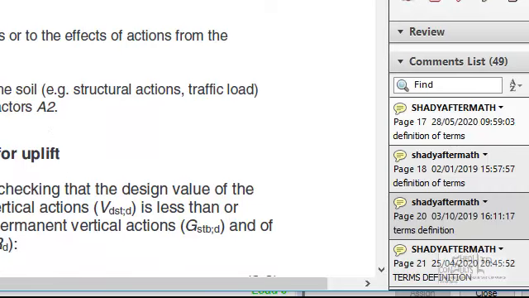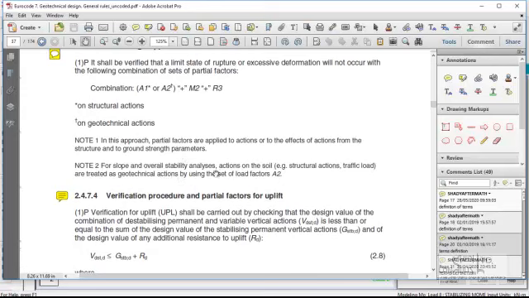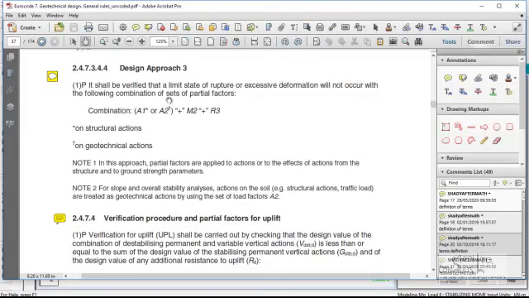Okay, if you look at this, we want to check stability against sliding. It shall be verified that a limit state of rupture or excessive deformation will not occur with the following combination of sets of partial factors.